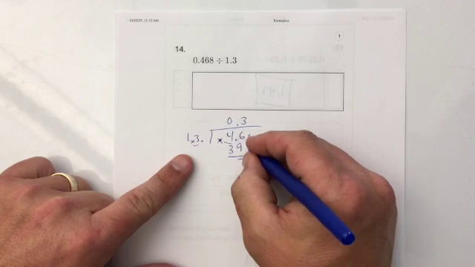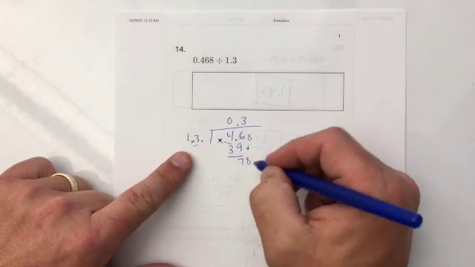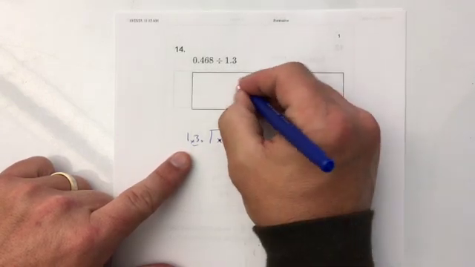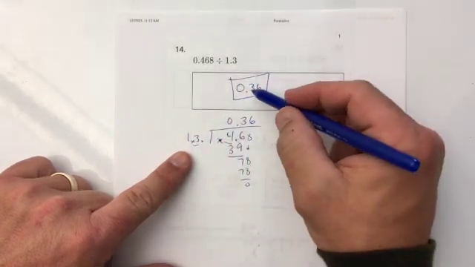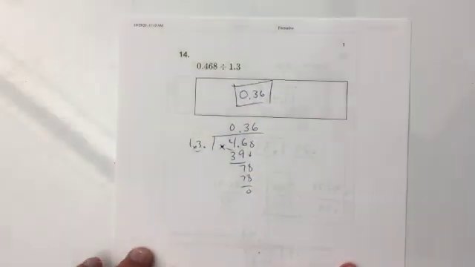Remainder of 7. Bring down the 8, 78. 13 goes into 78 6 times with no remainder. So 0.36. You can check all these answers, right? If you do 0.36 times 1.3, I will get 0.468.